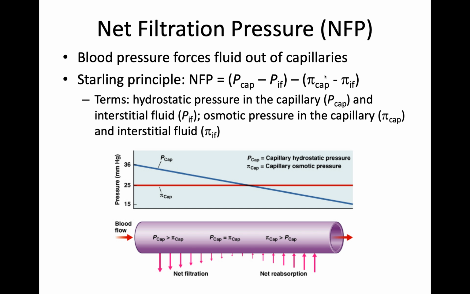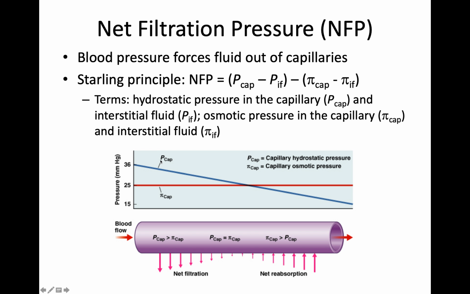Okay, so what you'll notice is the difference between the oncotic pressure in the capillaries and the interstitial fluid actually stays fairly constant. It's about 22 millimeters of mercury. And you can see 22 to 25. You can see it stays constant throughout the length of the capillaries.